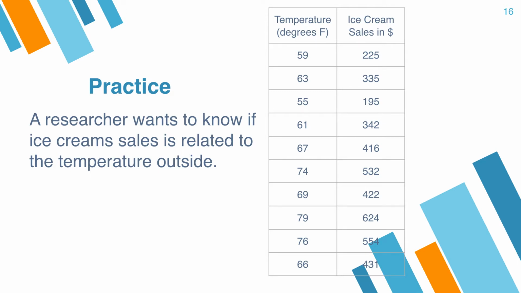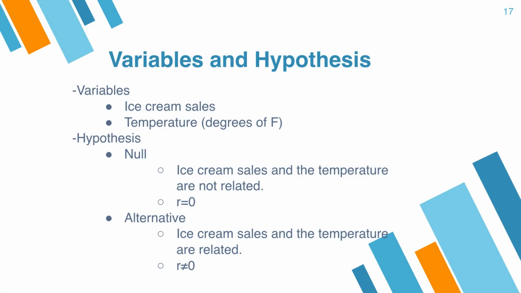So in this practice question, a researcher wants to know if ice cream sales are related to the temperature outside. Seeing as there is a chart on this slide, we can look at our variables and have the hypothesis and alternative hypothesis formulated.